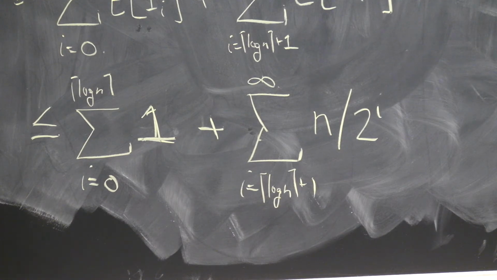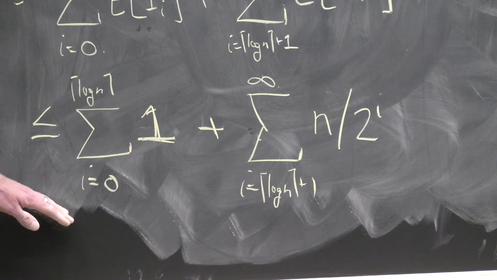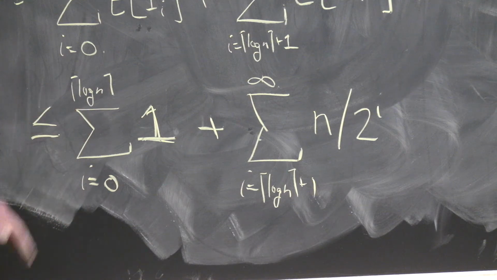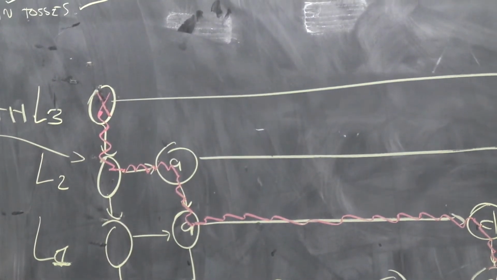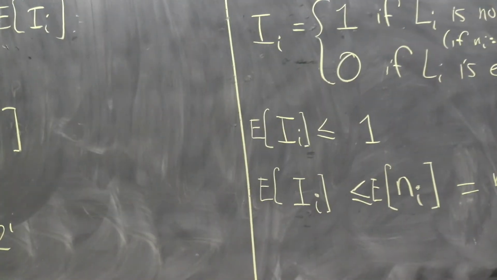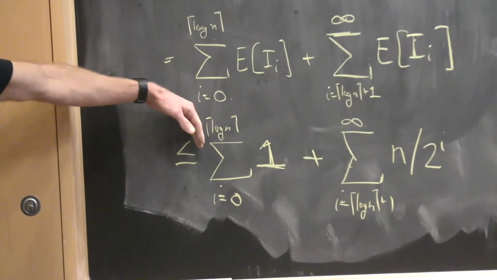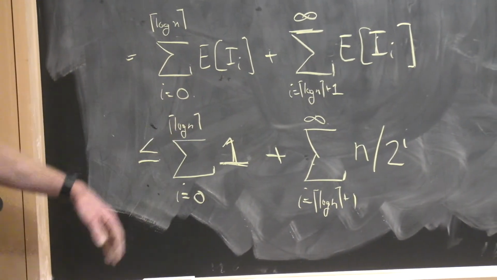So all this is saying is that, if we want to interpret this, we're saying that if you look at the first log n lists, so starting from here, they're probably not empty. So we're willing to just give up on those and say, yeah, I'll count those first log n lists as if they're surely not empty.